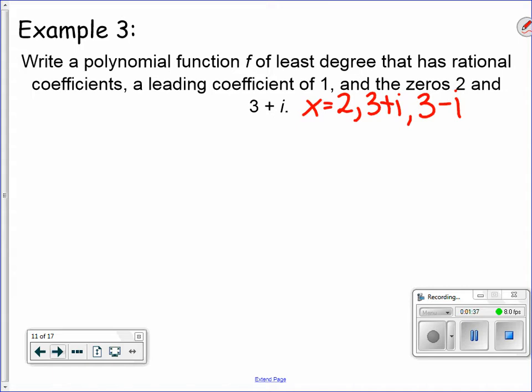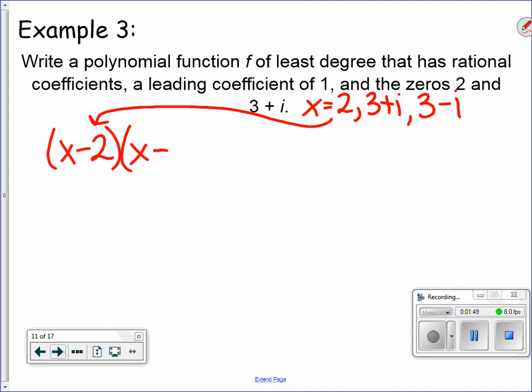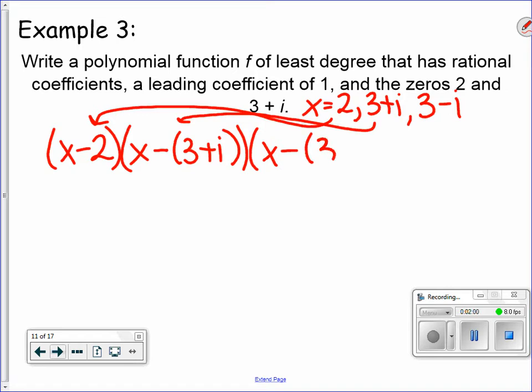So remember, when we write our solutions, if 2 is a solution, it's written as x minus 2. If 3 plus i is a solution, it's x minus (3 plus i). And then if we have 3 minus i, it's x minus (3 minus i) as a solution.